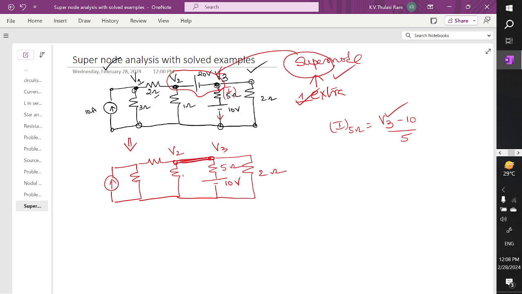So this is 1 ohm, this is 2 ohm, this is 3 ohm, this is 10 amperes. Here we are going to have node V1, here node V2, here node V3. Now let's try to apply nodal analysis.